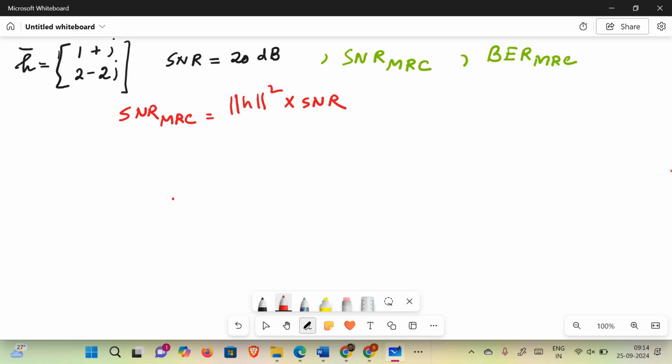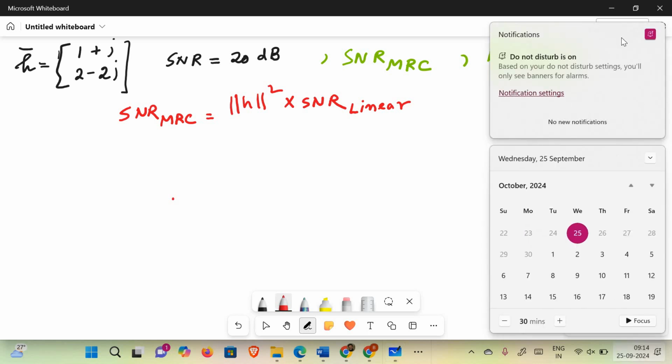Even in lab I did that, but just for our understanding, let me write it down as SNR linear. Don't put the dB directly over here. Although it is given as 20 dB, it will always be in terms of linear scale. So please mention that accordingly. Alright, so this is the formula.